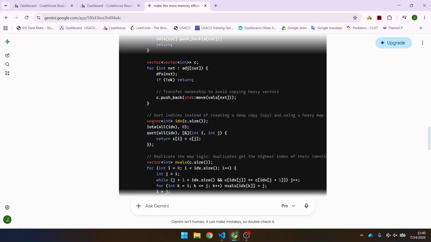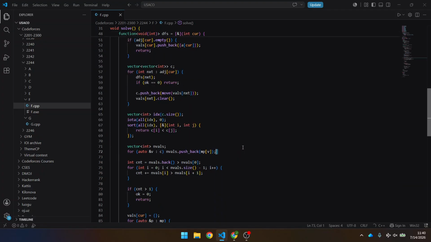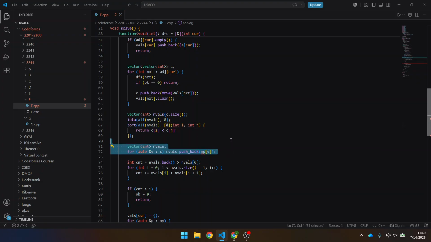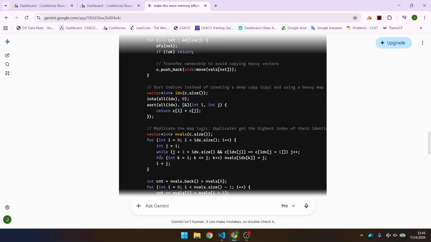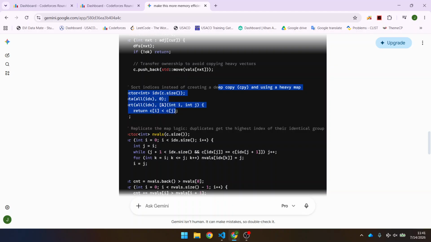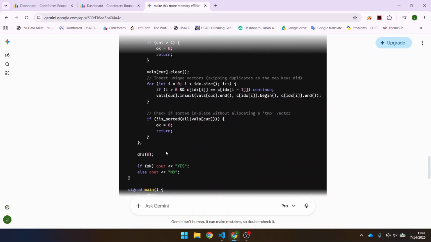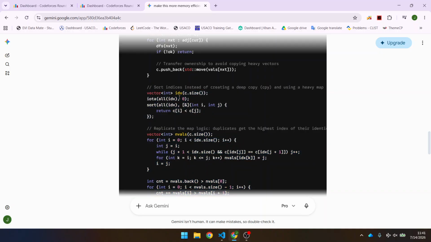And you have your indexes, so you sort your indexes. Right, yeah. Sort indices instead of creating a deep copy and using a heavy map, then repeat the map logic: duplicates map to the highest index of their identical group. Okay, I'm going to copy this over here.